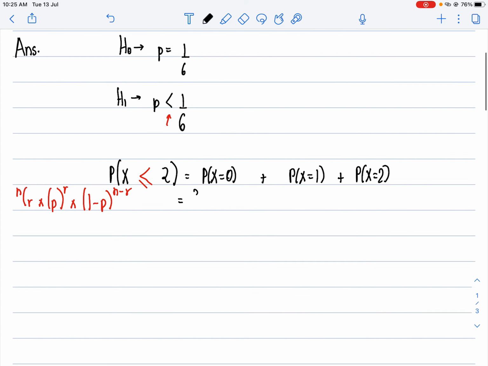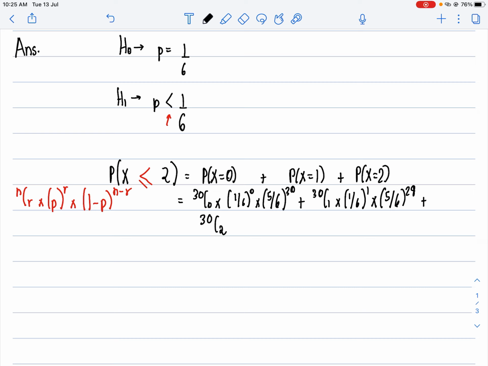So I write 30C0 multiplied by 1 over 6 raised to 0 multiplied by 5 over 6 raised to 30, plus 30C1 multiplied by 1 over 6 raised to 1 multiplied by 5 over 6 raised to 29, plus 30C2 multiplied by 1 over 6 raised to 2 multiplied by 5 over 6 raised to 30 minus 2, which is 28.